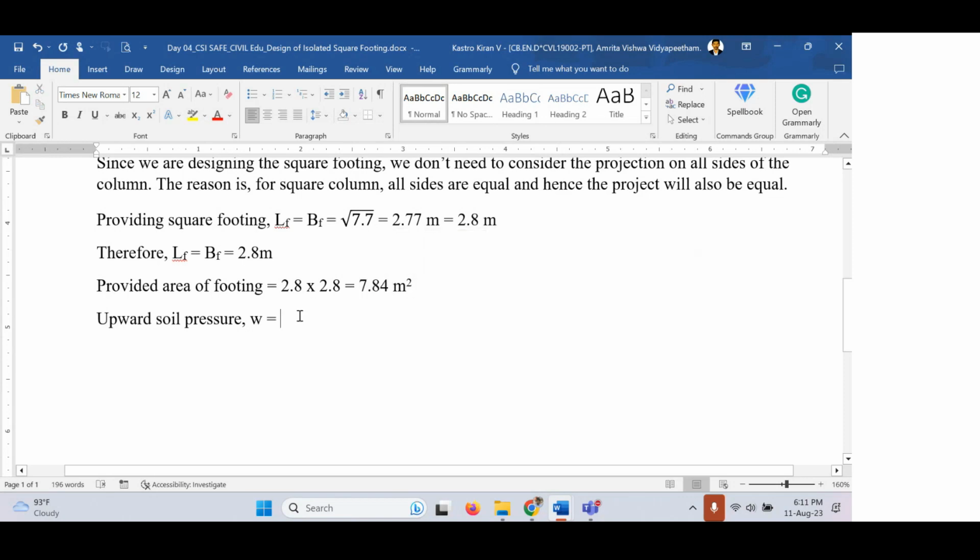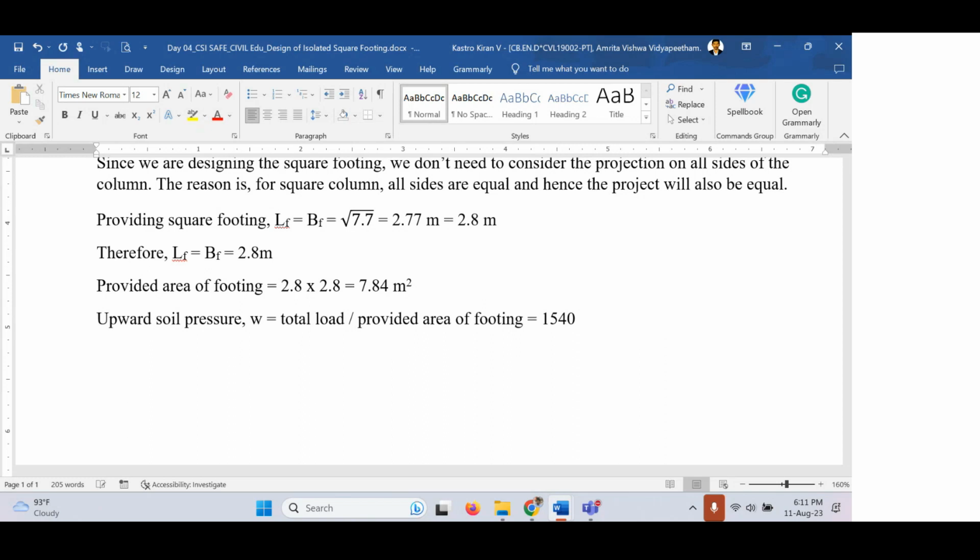What is the total load? 1540. And the provided area is 7.84. So total load 1540 divided by provided area of footing 7.84 will give us the upward soil pressure value.